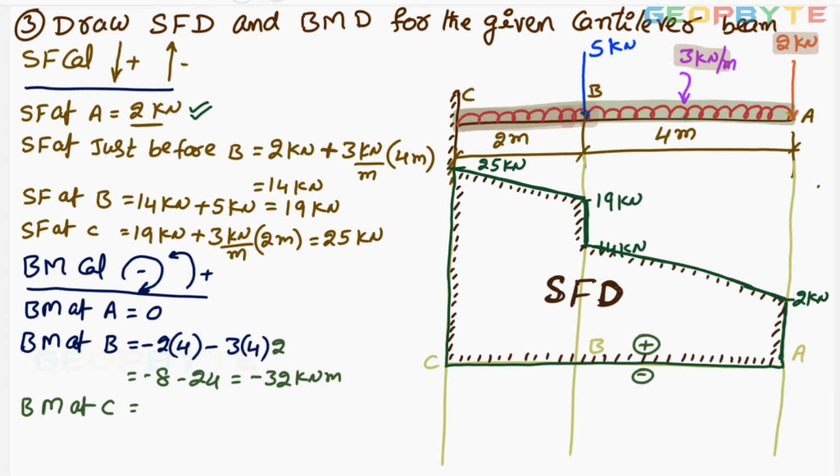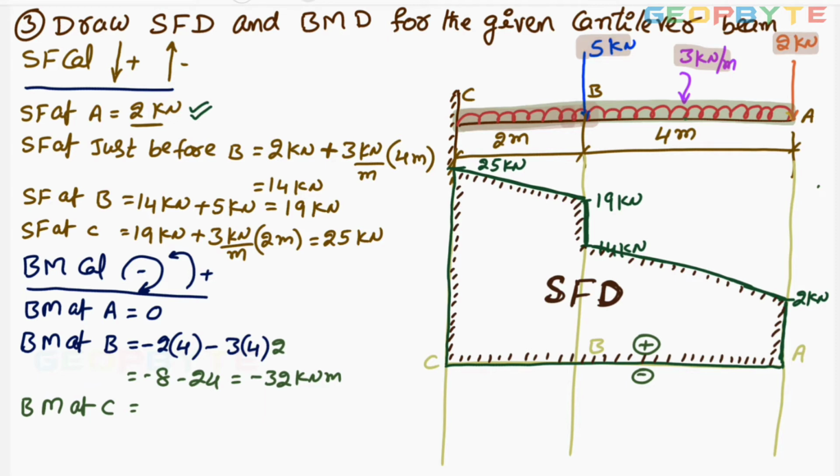Listen carefully. Before the C, you just count how many loads are there. Before C, 2 point loads are there. One is 2 kilonewtons, the other one is 5 kilonewtons.